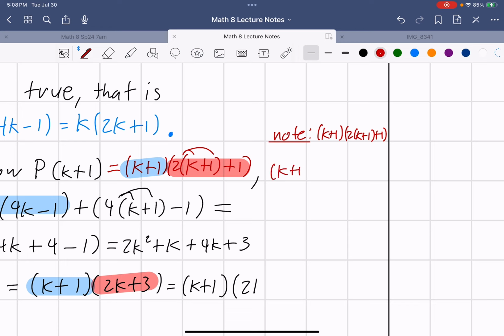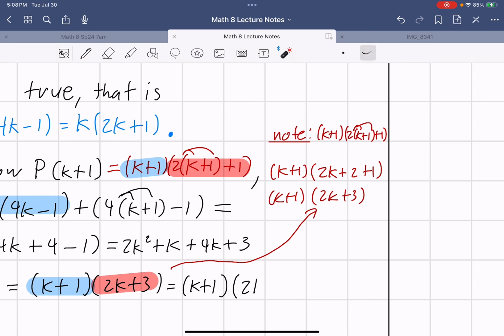I sometimes do it to guide my thinking, to guide me in the right direction of, okay, what do I do? How can I break this down? So that's going to be 2 plus 1. And if you notice, this 2 plus 1 becomes 2K plus 3, which is exactly what we have here.